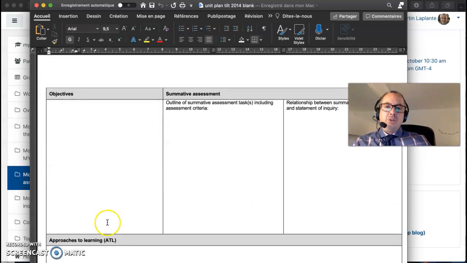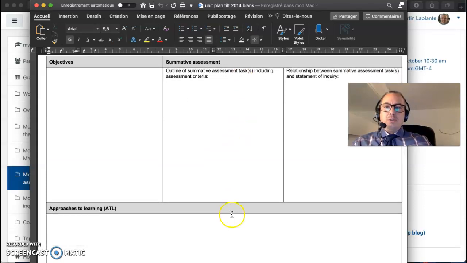If you go on page 2, the summative assessment, the outline of the summative assessment tasks would be what you've written with the GRASPS model. So you just put it there. And then we are going to fill out the objectives and the relation between the task and the approaches to learning, I would say teaching, within the task that we're going to put a focus on.